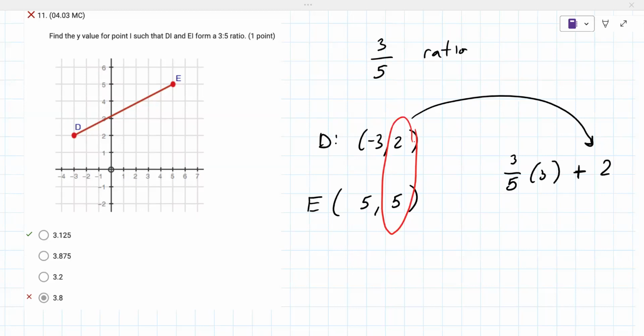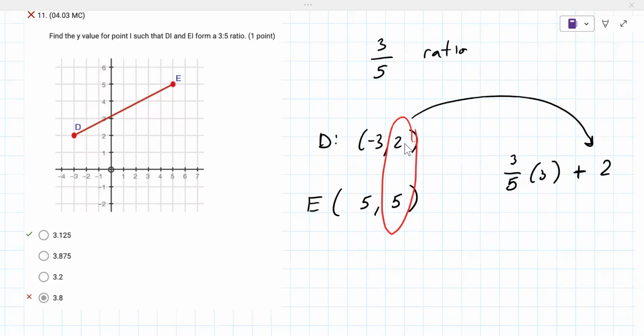Oh, you're right. I'm not sure how they got 3.125. Let me look here. Maybe I missed something. -3, 2, 5, 5. Okay, difference is 3.